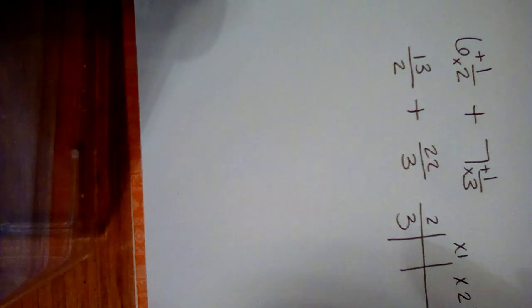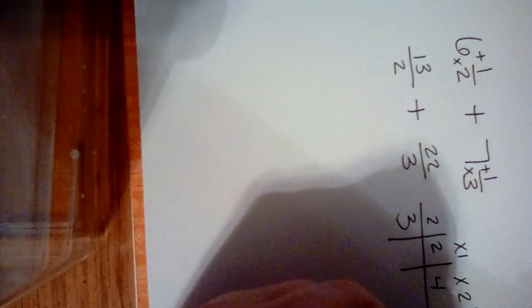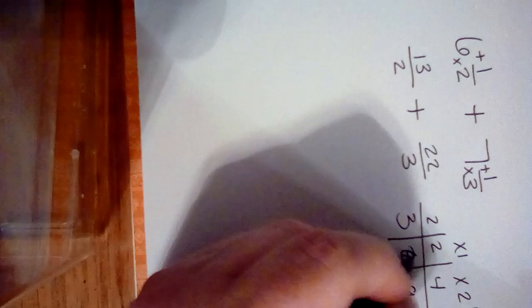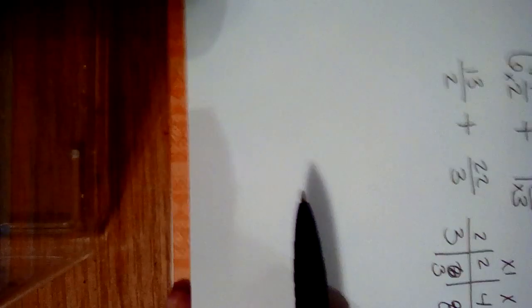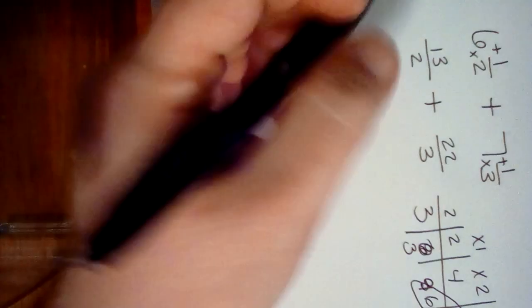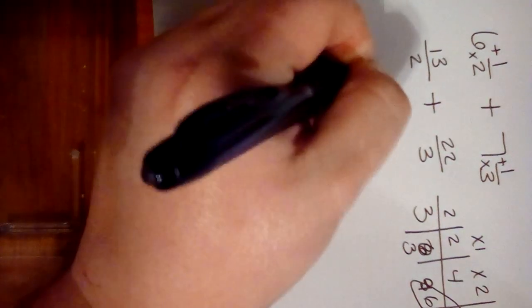So 2, 4, 6; 3, 6, 9. The first number they have in common is 6. So I know that my common denominator is 6.